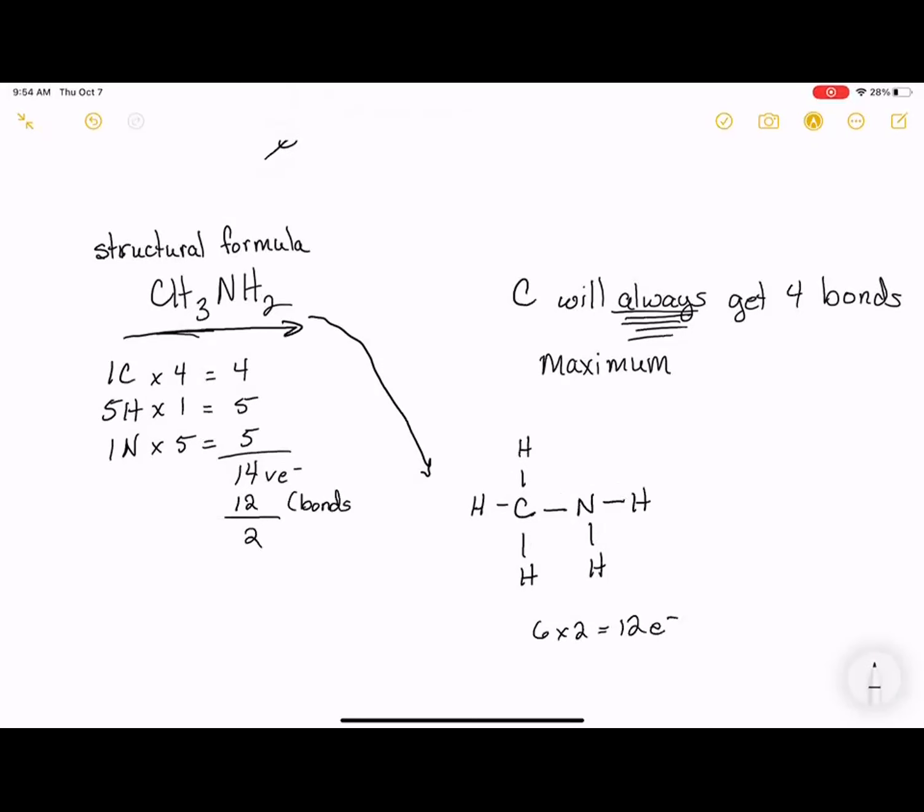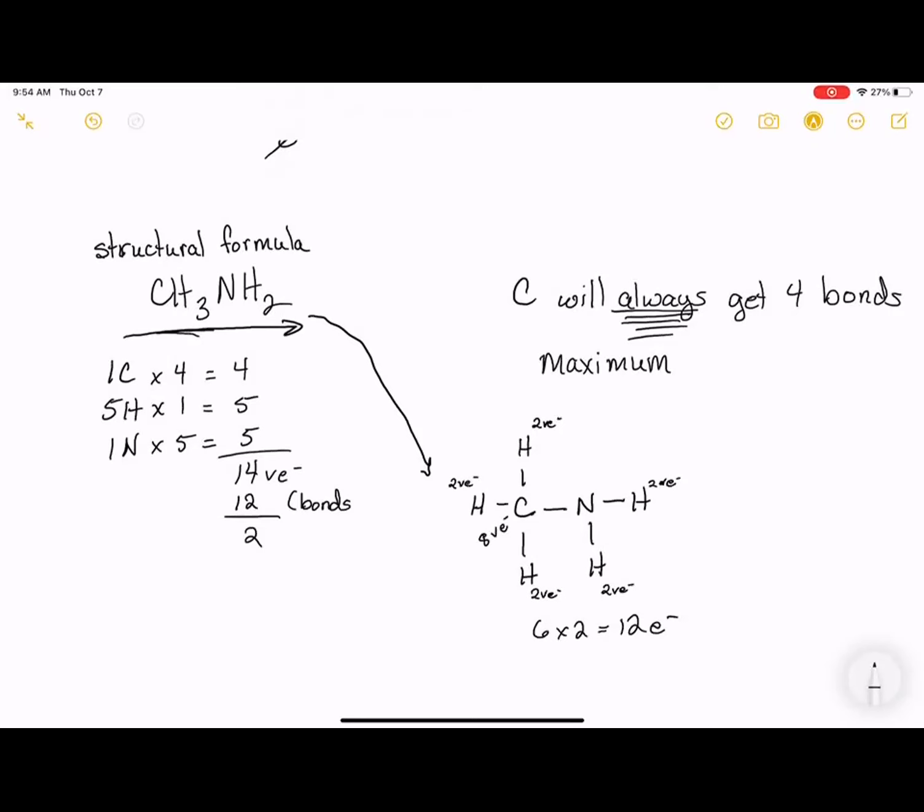So hydrogen already has 2 valence electrons. That is true for all of the hydrogens. There is a bond, so there is 2 electrons that are being shared. So the hydrogens are all happy. Our carbon has 8 valence electrons because it has 4 bonds with 2 electrons each.